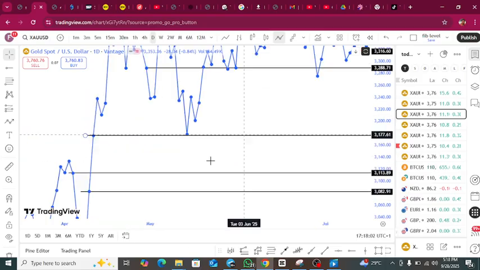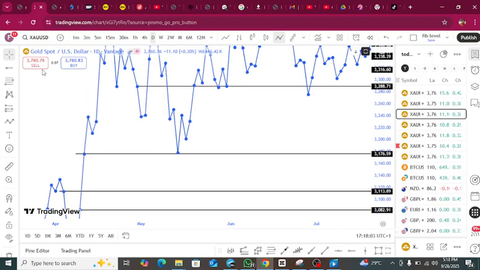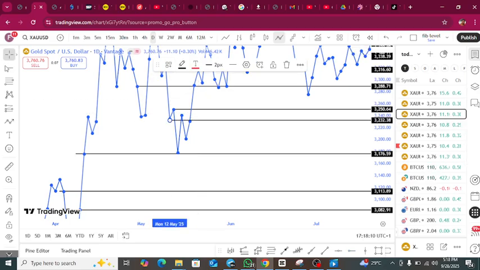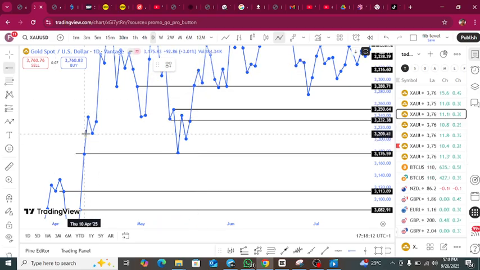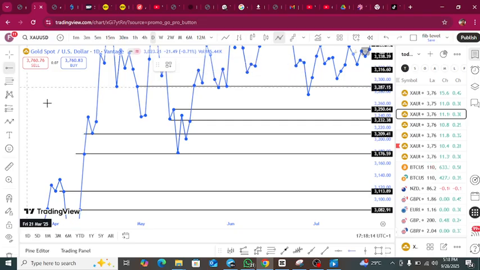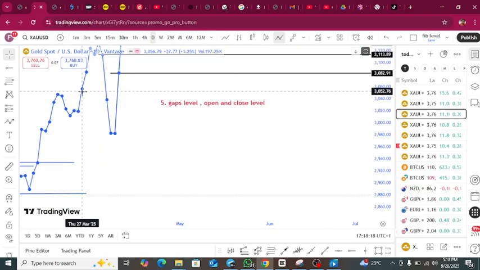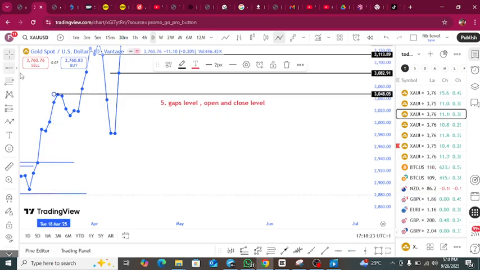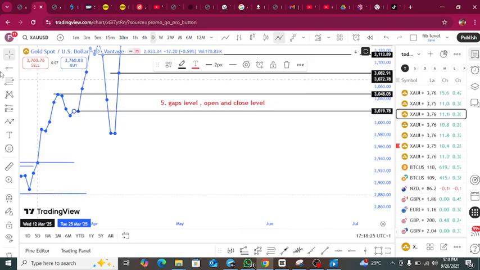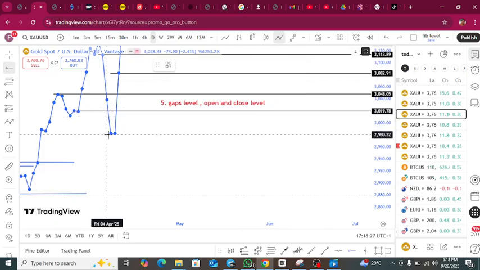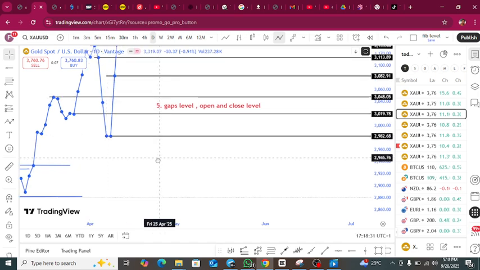Let me go back to the previous one. It was a level. I'm just going to show you all the 5 levels inside this circle. Yes, it might look clustered, but what you should mark is the current trend, and then the high and the low of the swing.